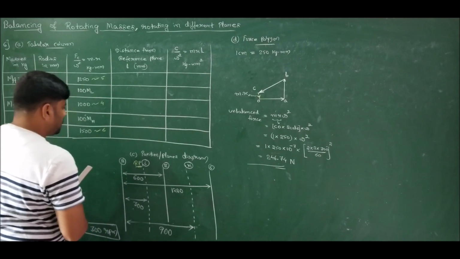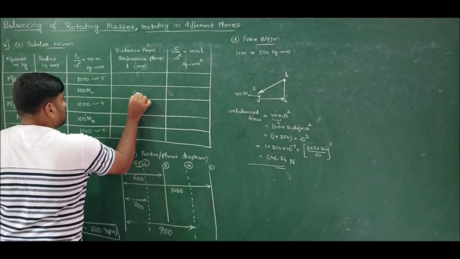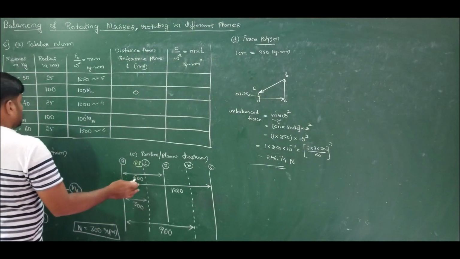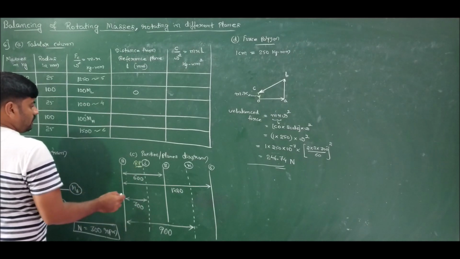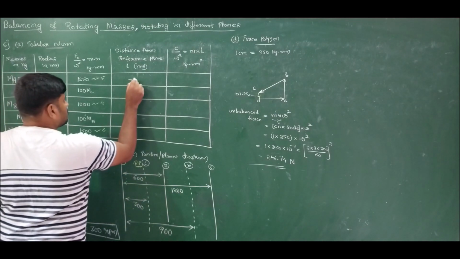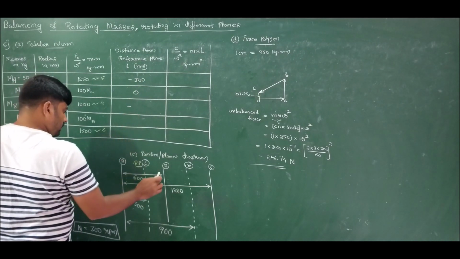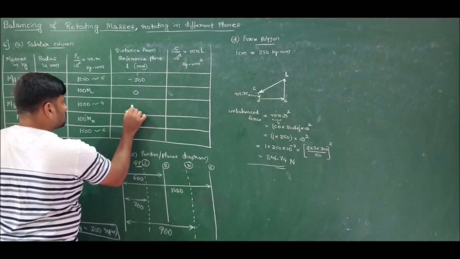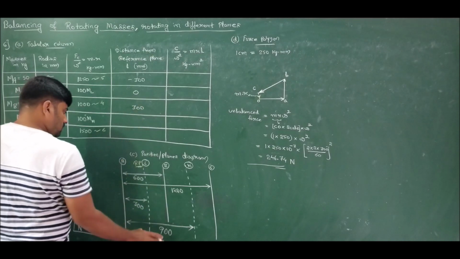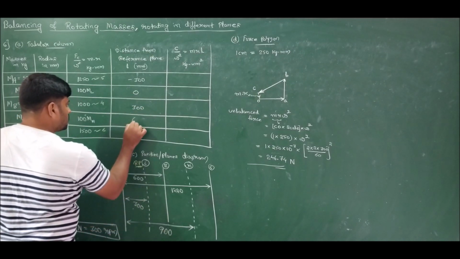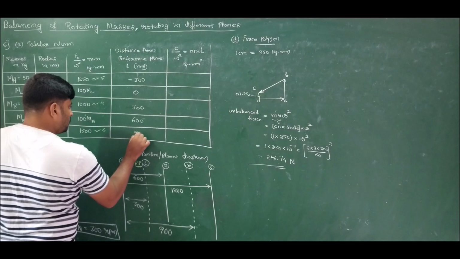If I choose this as the reference plane, then L for the ML plane will become 0, and this is minus 300. This will become plus 300. This is 600, and this will become 900.